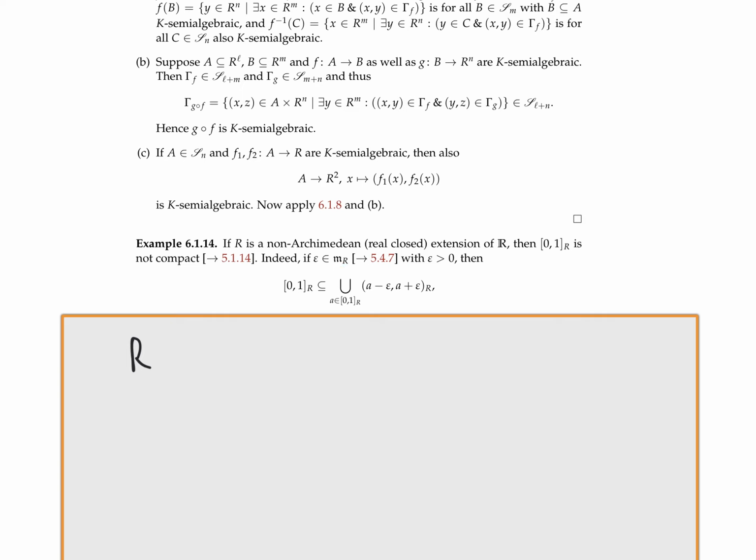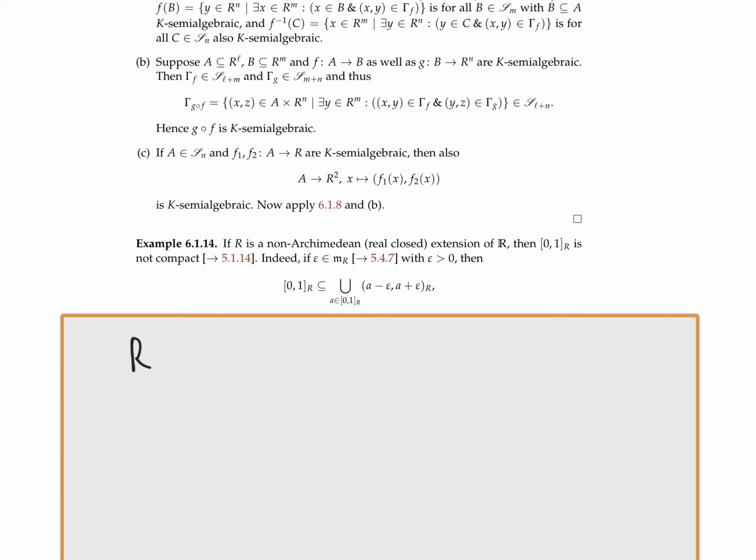Because not every element of this non-Archimedean real closed field R is finite. So we take an infinite one, and then if we take its inverse, and maybe we flip its sign so that it becomes positive, we get something in the maximal ideal of this subring of finite elements. These are the infinitesimal elements. So we take such an infinitesimal element, we fix one, we need just one.